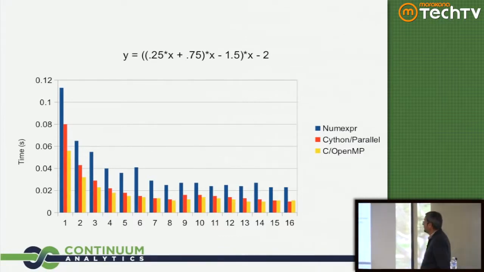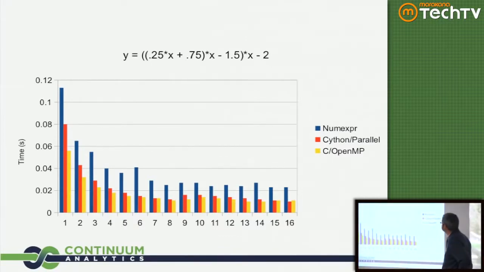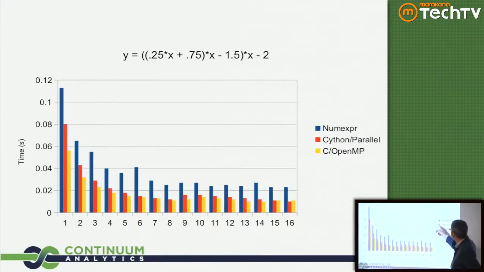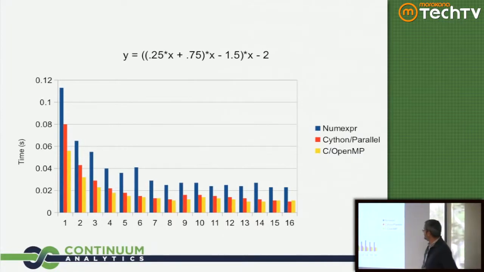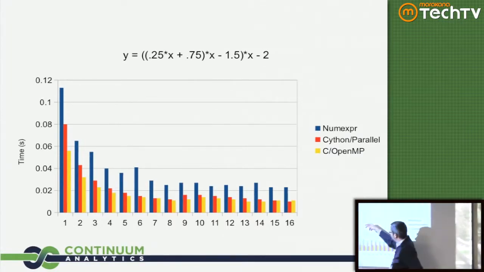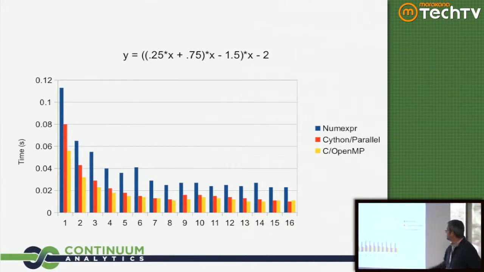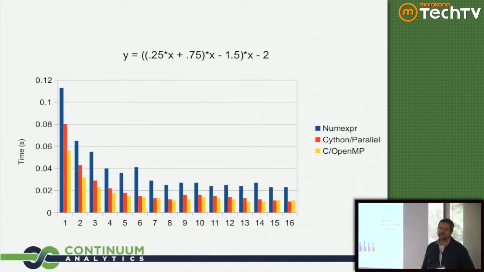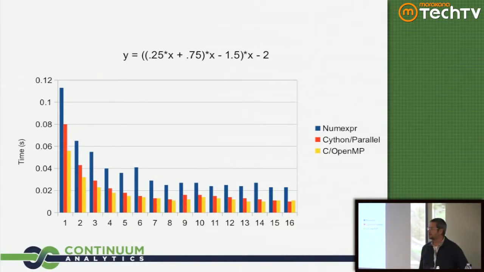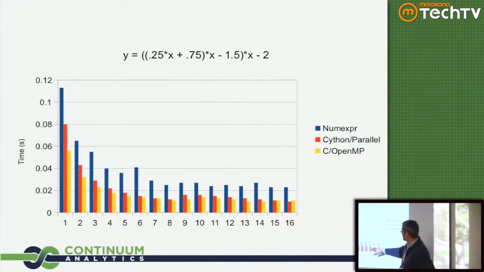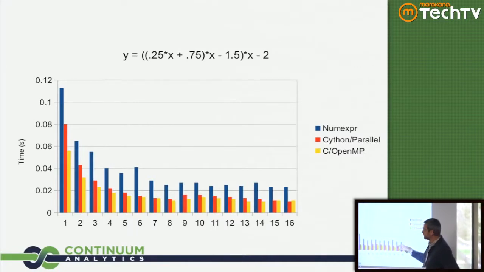And here is a final comparison among Numexpr in blue, Cython parallel in red, and C OpenMP in yellow. Numexpr is consistently the slowest. But the advantage of Numexpr, as I said before, is that it is interpreted, so you don't need the compile step in order to get these speeds.